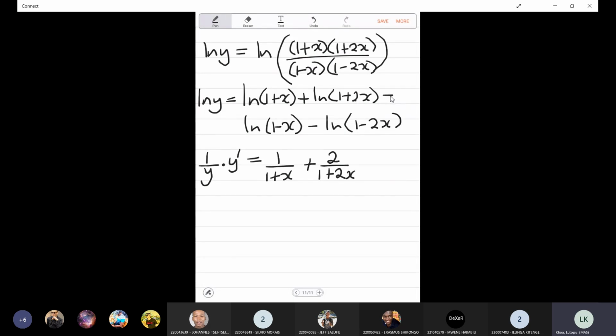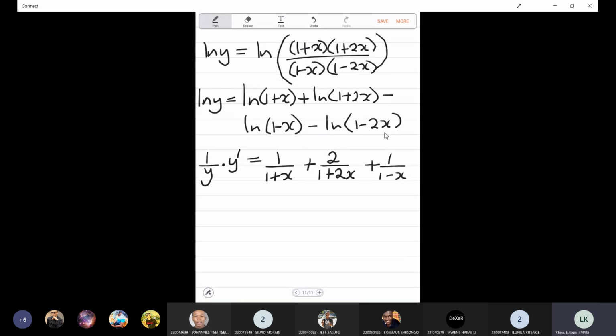And then here, this is minus 1 over 1 minus x. And then the derivative of 1 minus x is minus 1. So you have minus 1 multiplying with this minus, and then it will change to positive.